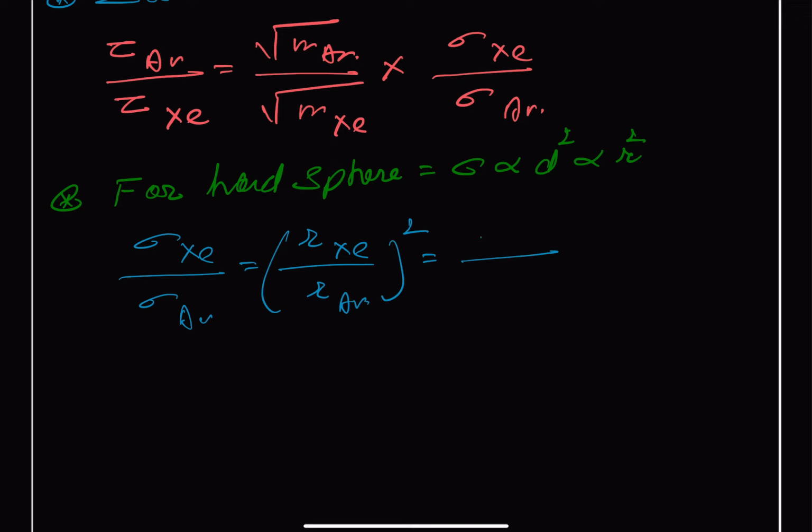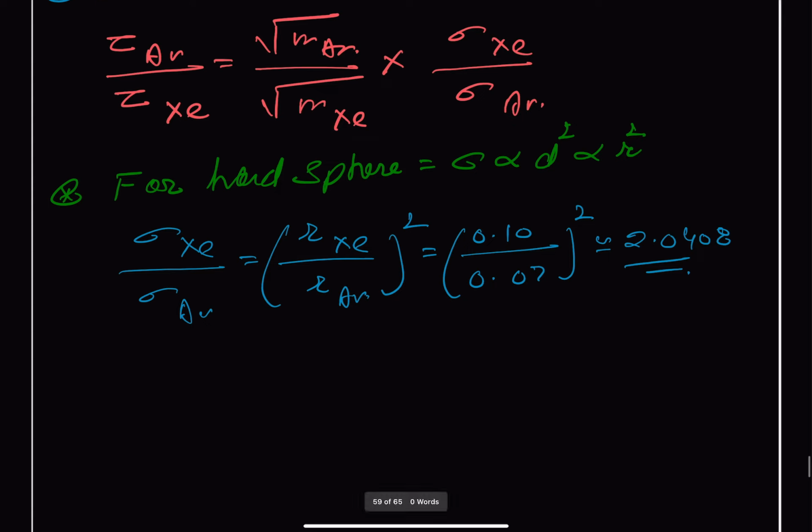So this comes as 0.10 upon 0.07, whole square, which is approximately equal to 2.0408. Now we can find the other part, because their atomic weights are also given to us.